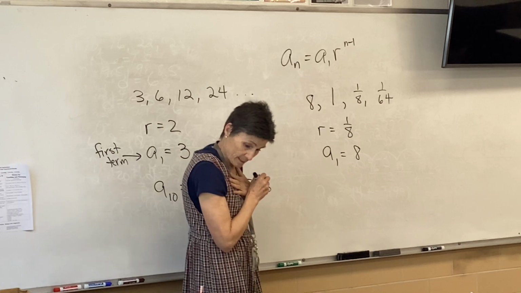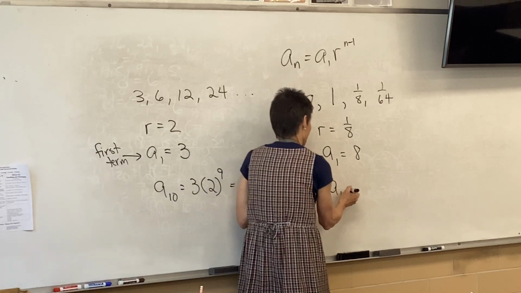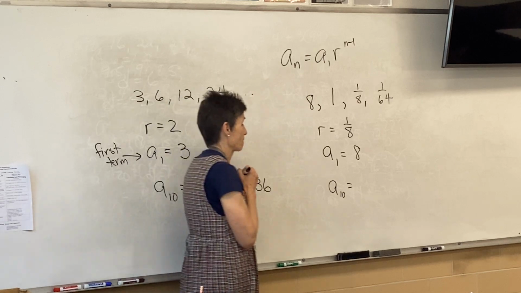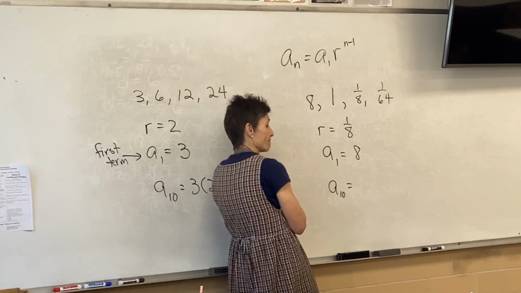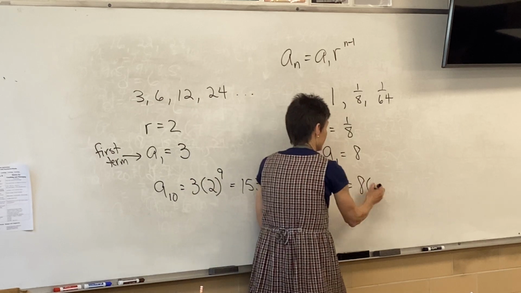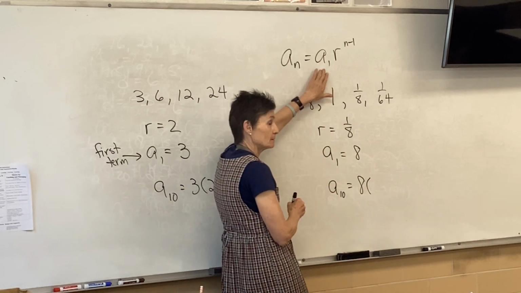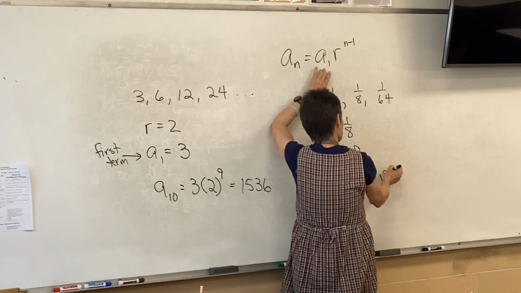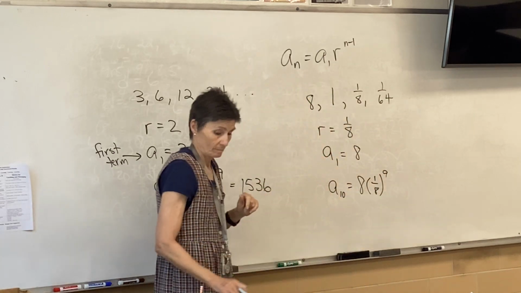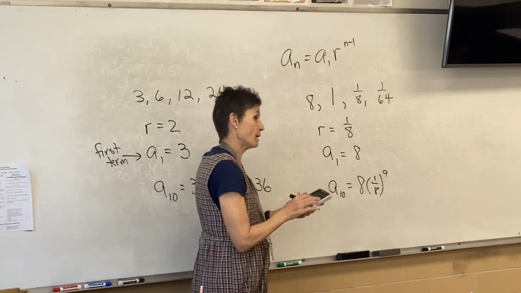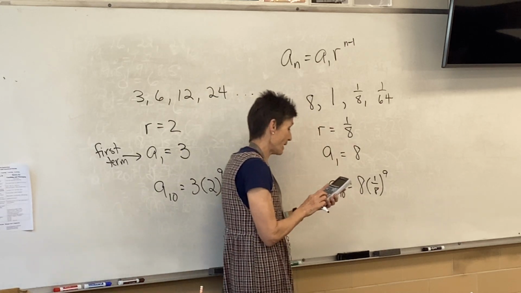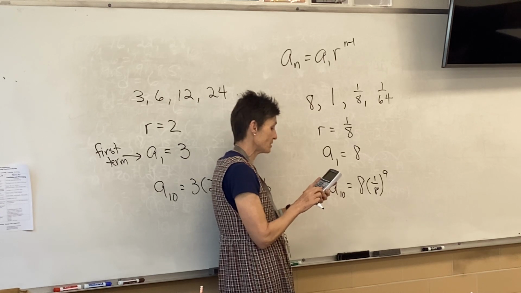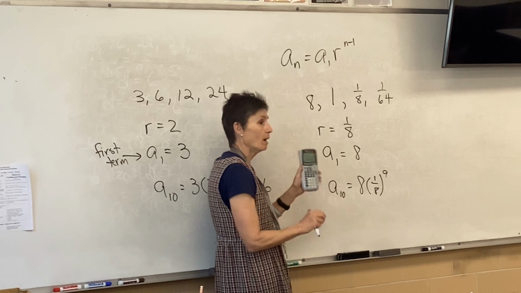So the 10th term for this sequence will be what? 8, here's your formula, times 1/8 to the 9th. Now if you type it in exactly the way I wrote it, you'll be just fine. So 8 parentheses, 1 divided by 8, close parentheses, raised to the 9th power.